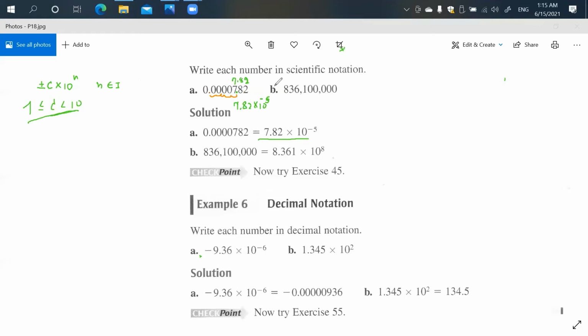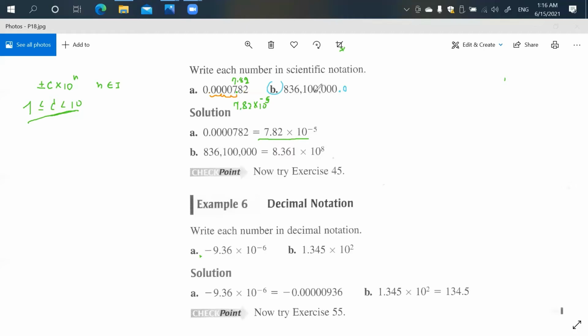Now let's see the next one, question B. This is a really large number, correct? It has 9 digits. In this case, I place the decimal point at the back, and maybe I add a 0 here, it's okay, it's still the same. But I want the dot here so I can start.